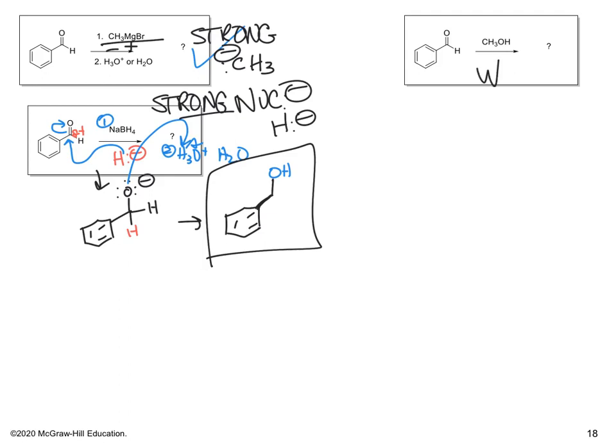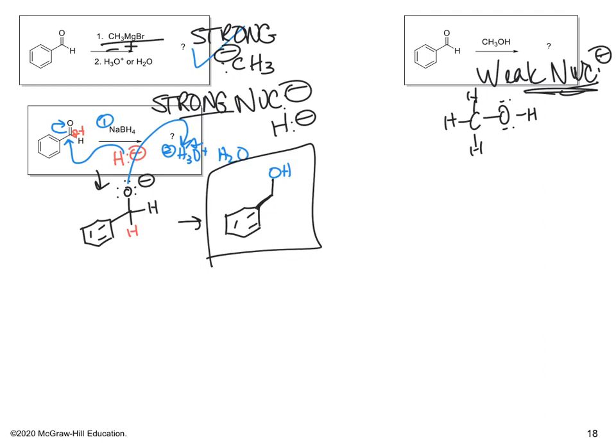This is a weak nucleophile. You know that because there's no negative charge. You have 2 lone pairs. This is organic 1. If you need to review weak and strong nucleophiles. So that's a weak nucleophile.